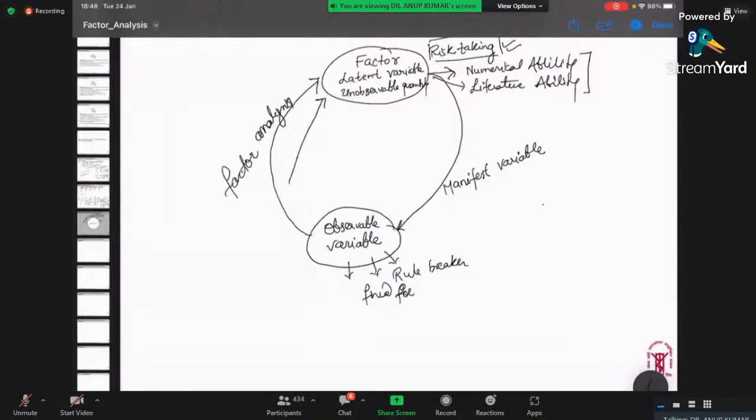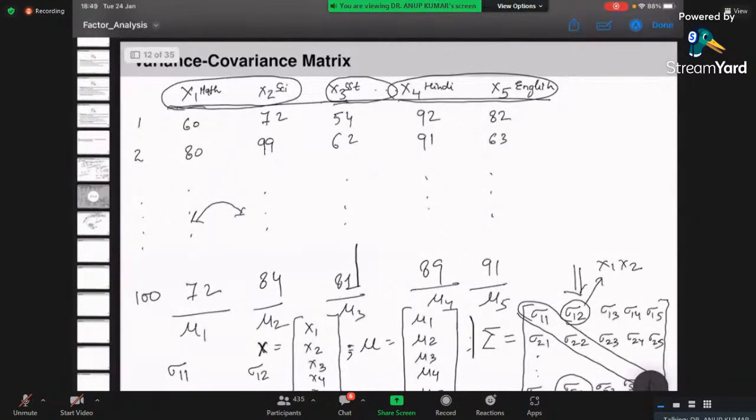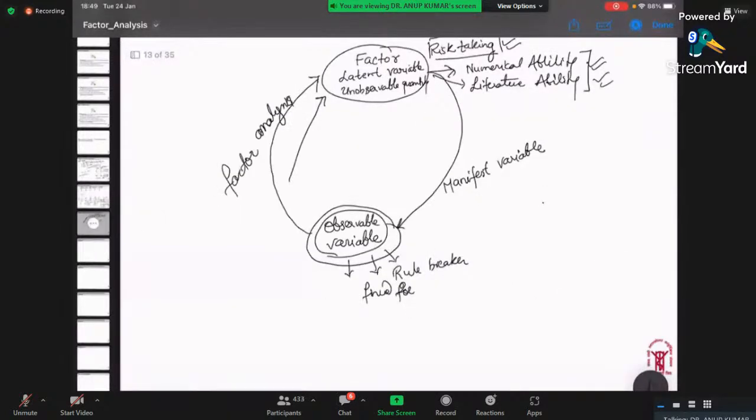So this is not directly observable. But because of these hidden factors, the marks of the student are observable variables: marks in mathematics, marks in science, marks in social studies, marks in Hindi, and marks in English. And there may be some more marks also. Because of these hidden factors, it will manifest into observable variables.